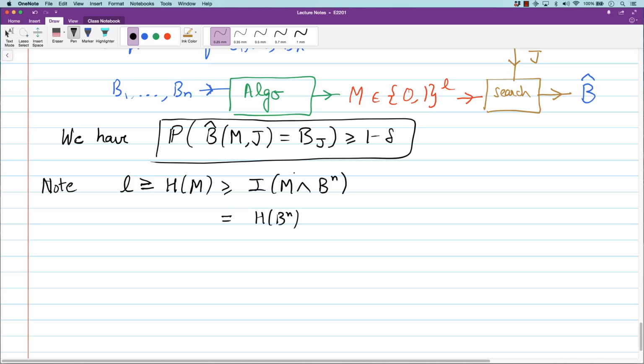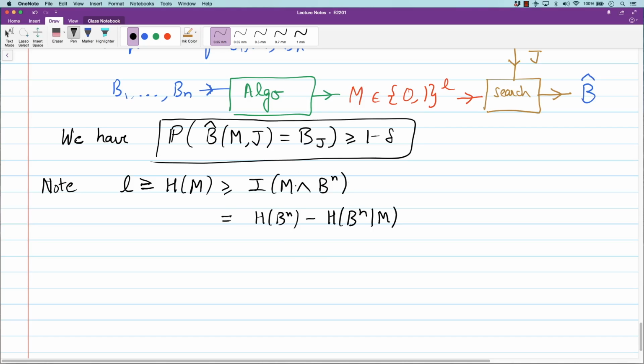We are trying to figure out how much information m will have about these bits, because we are asking some question about b^n. So for m to have the information that we need about these bits, L must be at least this mutual information. This is a simple bound.